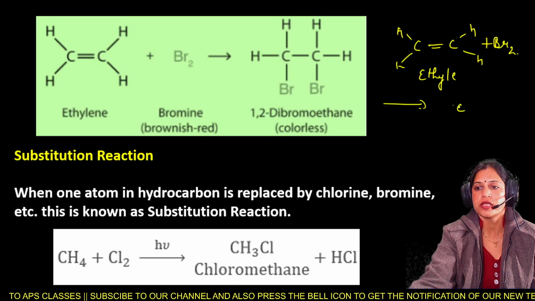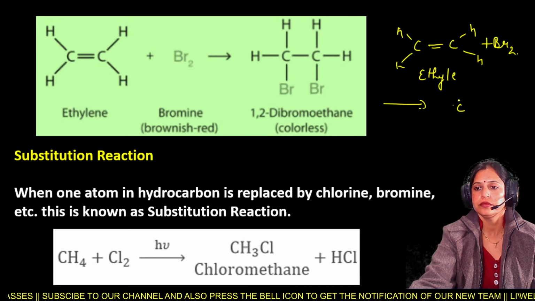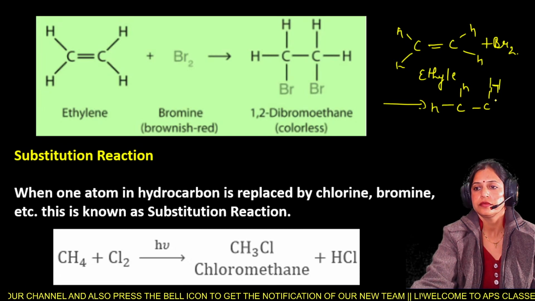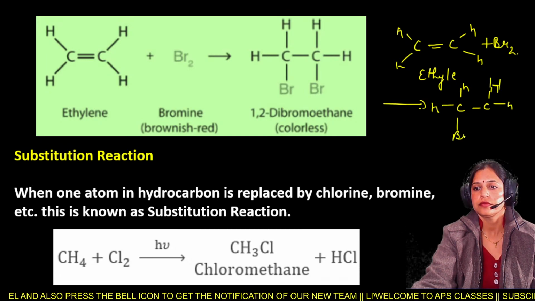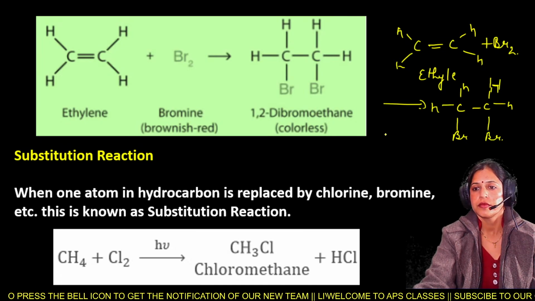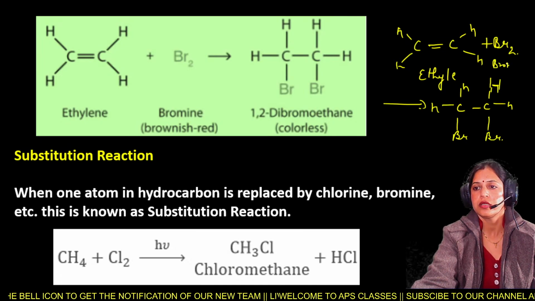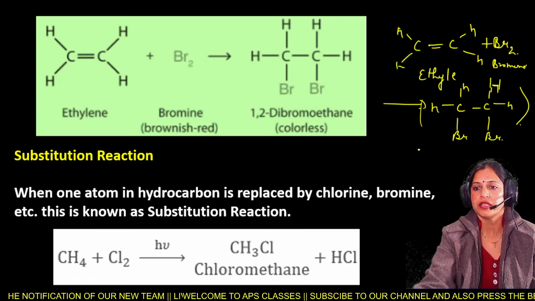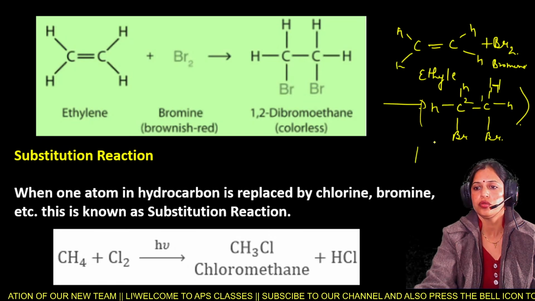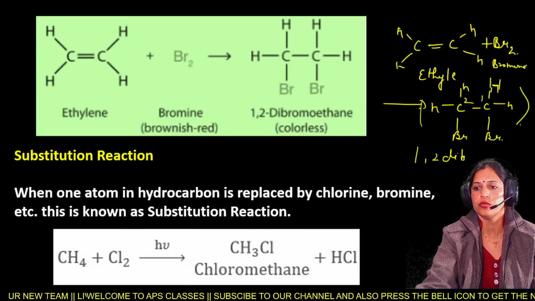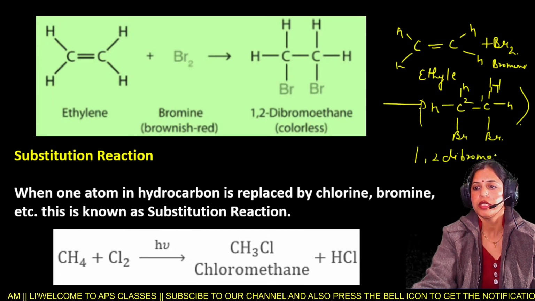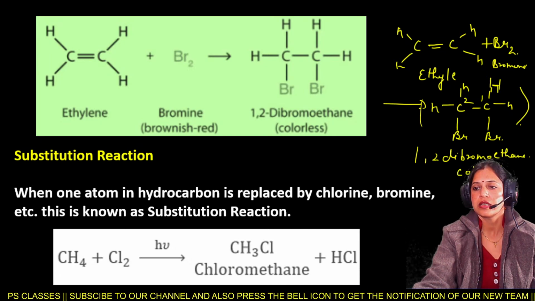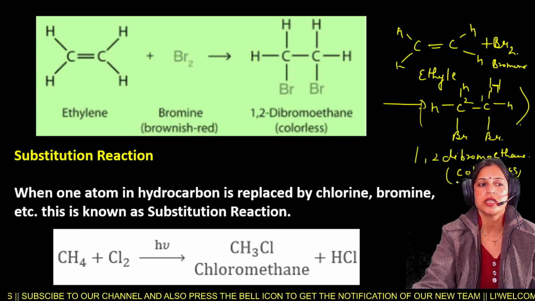After that, there is a formation of the addition product, and the result comes out to be 1,2-dibromoethane, and this is colorless. So this is the example of the addition reaction.